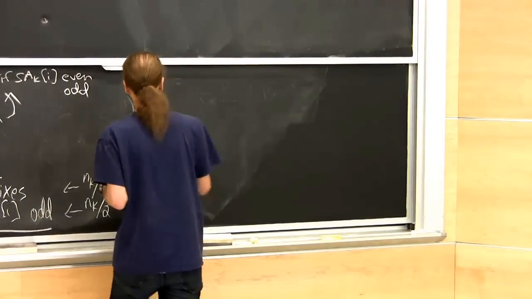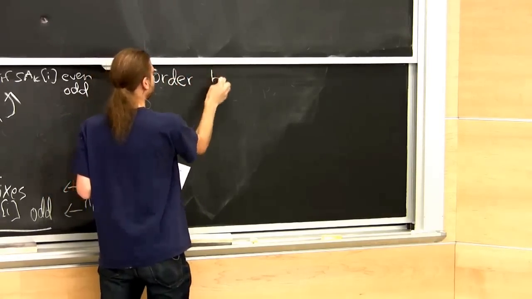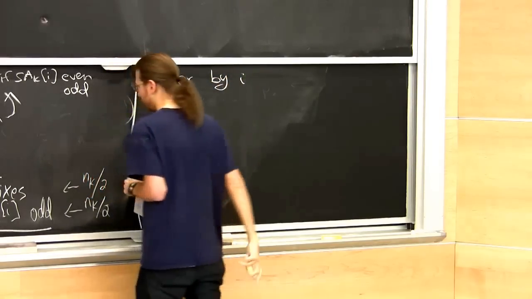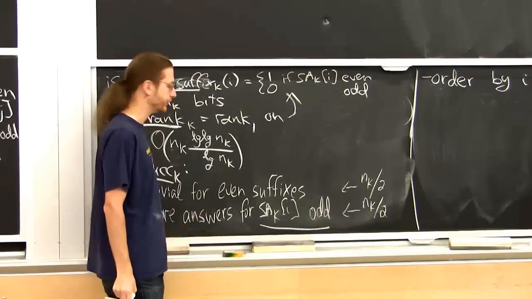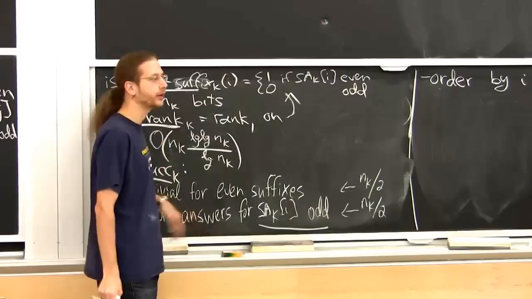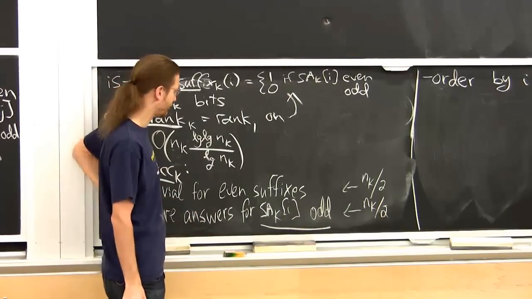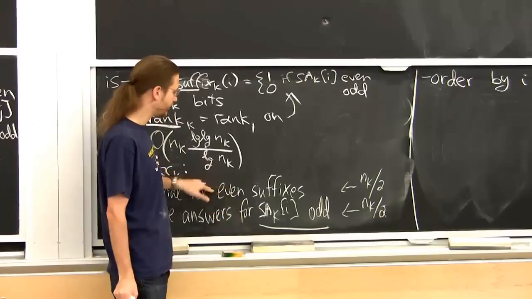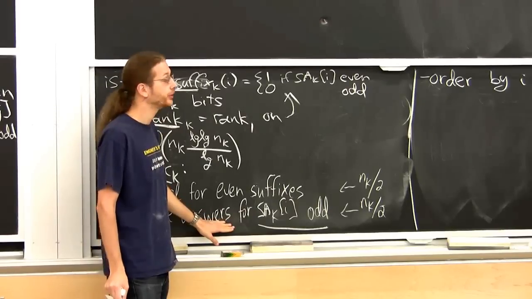Okay, cool. Now the kind of interesting observation. What I'd like to do is store these answers in order by i. That's the obvious thing to do. I want to store basically an array. Just store it in order by i. So I'm skipping the even suffixes, just storing the answers for the odd suffixes.